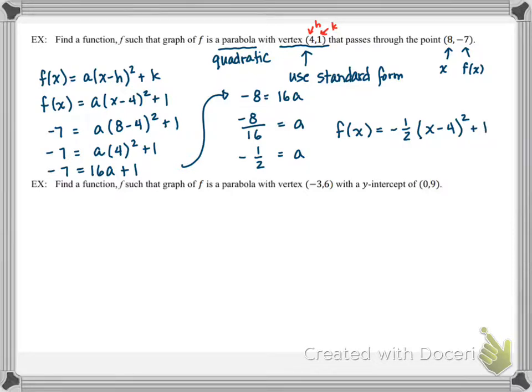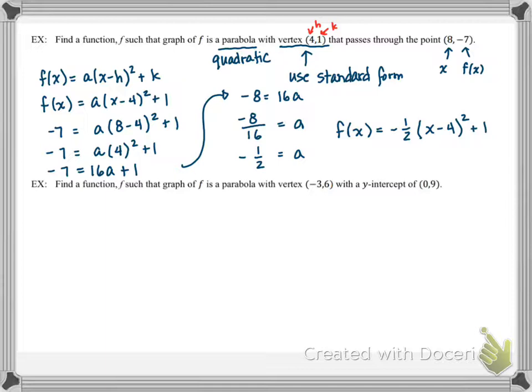Once you find your a, you're just going to go back to the standard form of the function with your a. Does that make sense? And again, the key to all of this is knowing that you have to use standard form because you're given the vertex. If we tried to use factored form or general form here, we'd be in trouble because we have nowhere to put the vertex in those two forms.